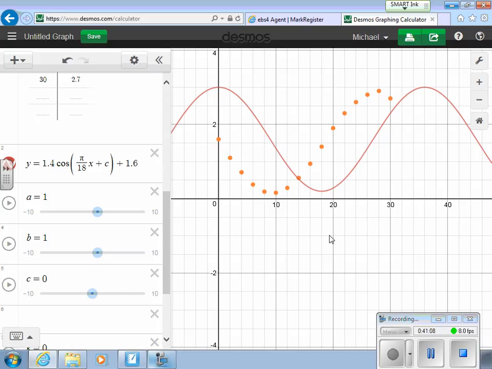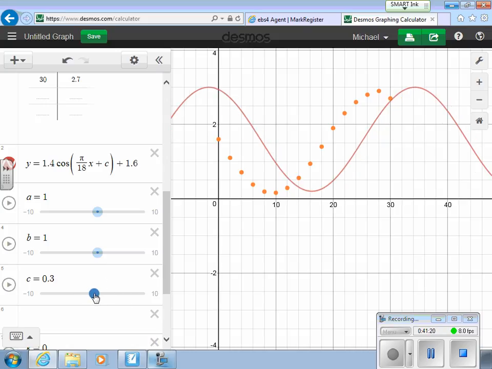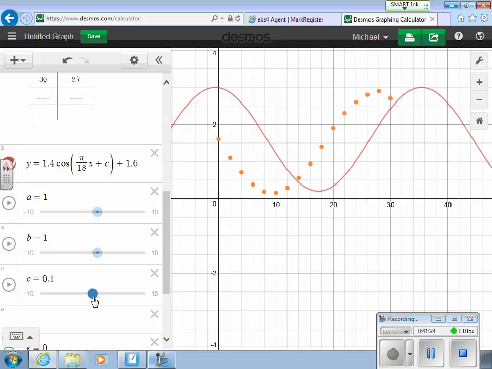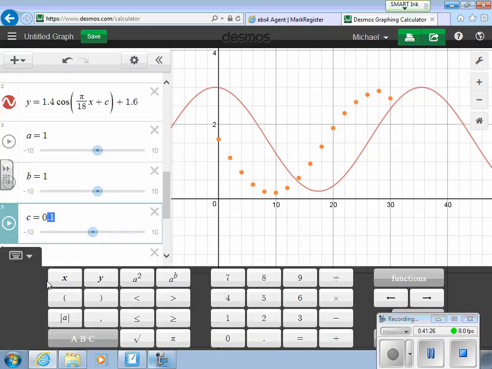So we need to add a positive phase shift to shift it left in terms of the graph. We need to go that way.